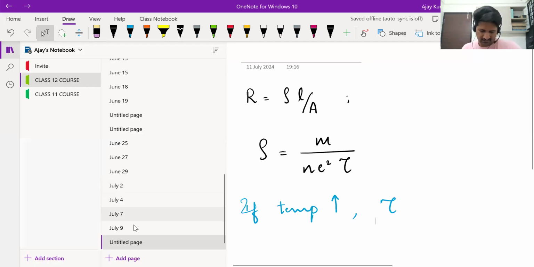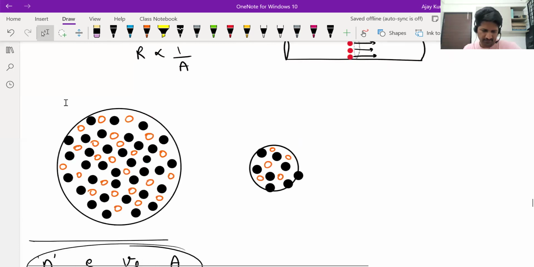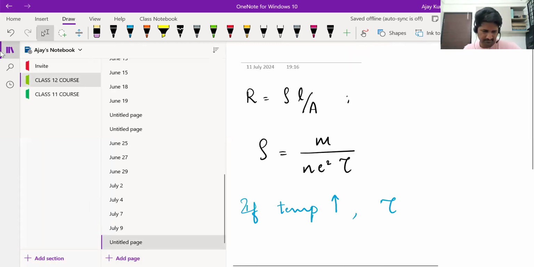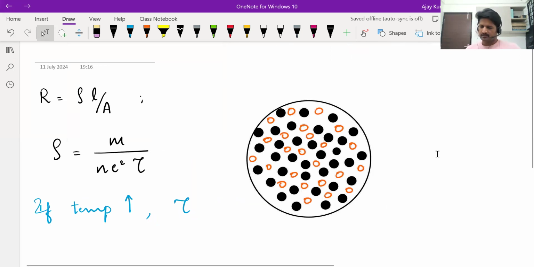Now see, yesterday we considered a picture like this, like electrons moving in the free space between the atoms. Let's consider this. Now, as Anugraha said, if we raise the temperature, the energy of electrons will increase. That means they'll move faster.